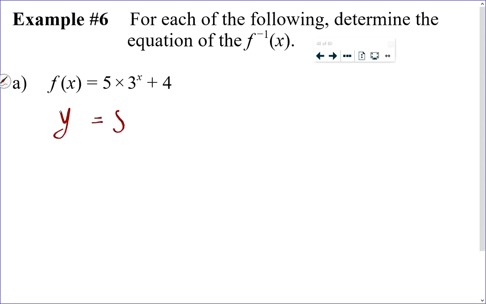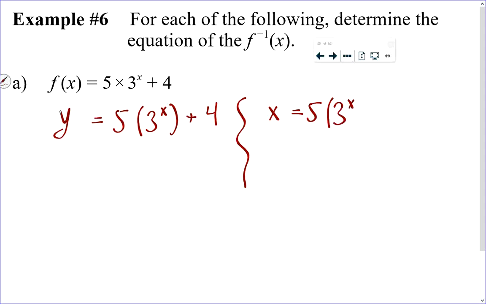First thing, write everything with a y. This is the same function. We haven't found the inverse. Now we're going to find the inverse by swapping x and y and getting x equals 5 multiplied by 3 to the y, then plus 4.